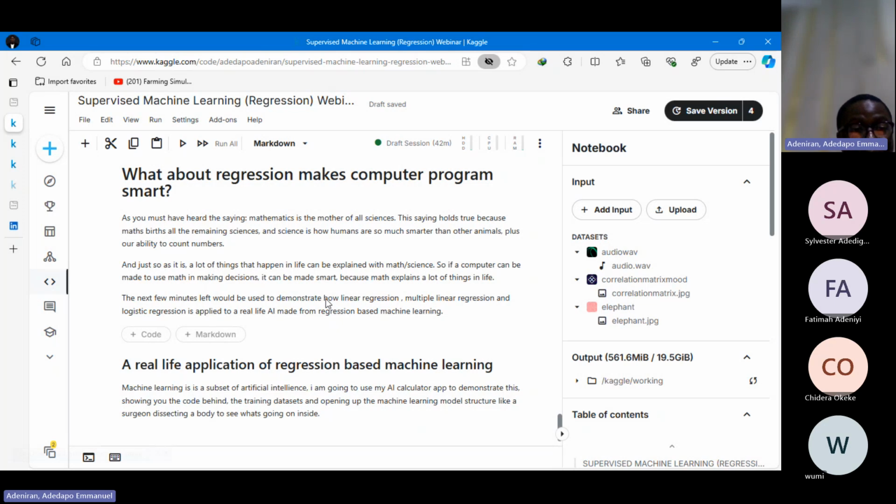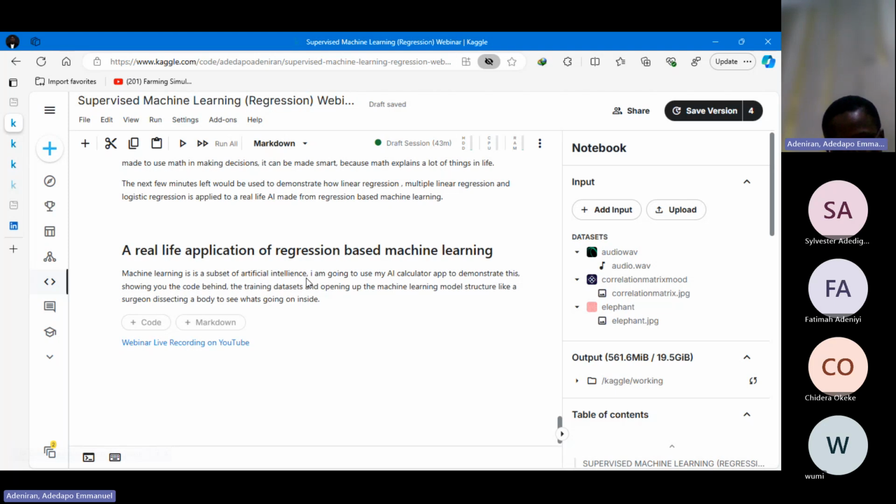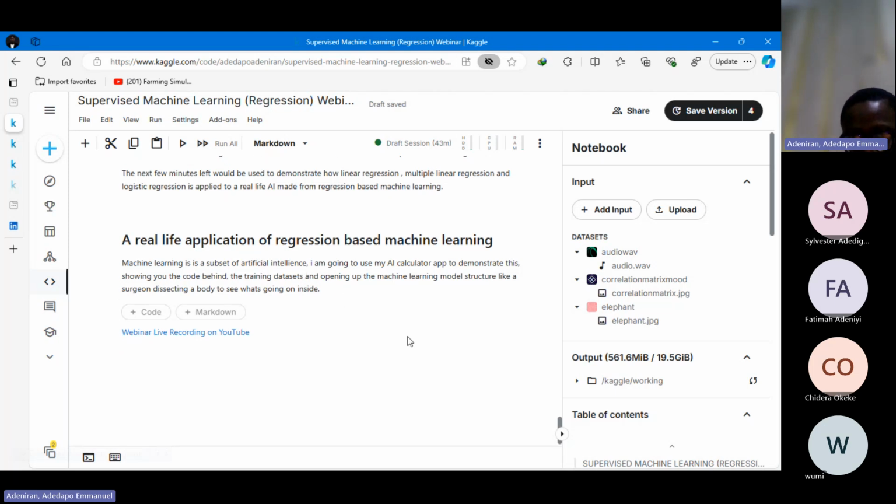So if a computer can be made to use maths in making decisions, it can be just as smart, because math explains a lot of things in life, even though they are not so obvious until they are brought out mathematically. In the next few minutes we are going to explain it, but that is going to be in our next class.